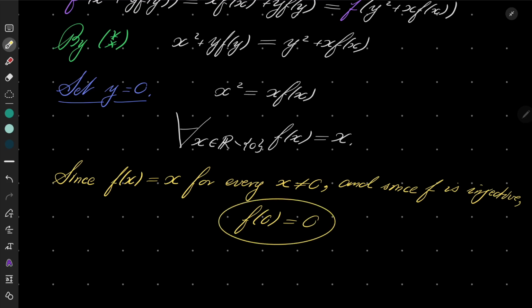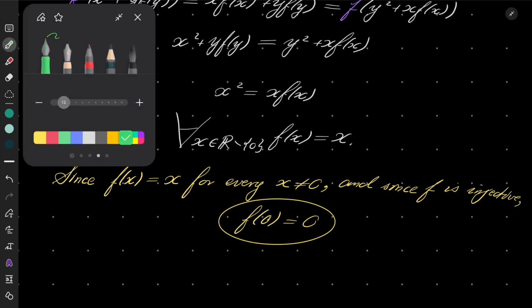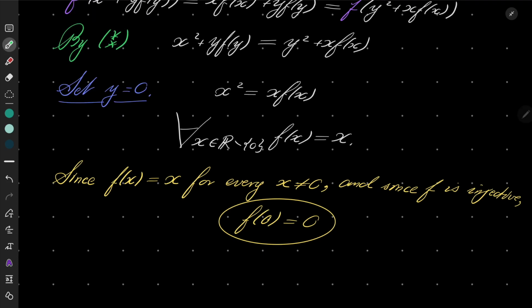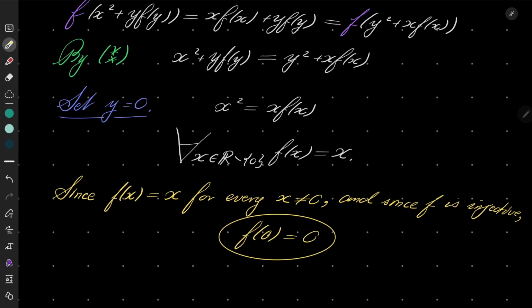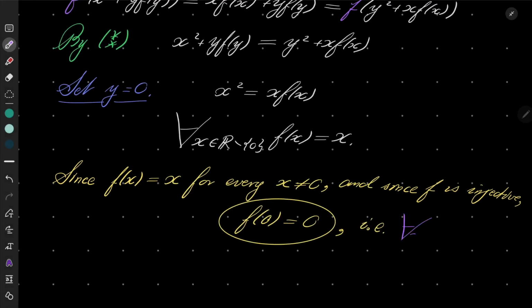Because every other value is attained for other x, and our function is injective, so the same value cannot be attained twice. So the only value not attained yet by our function is 0 itself. So now we know that, in fact, for every real number x, f of x equals x.